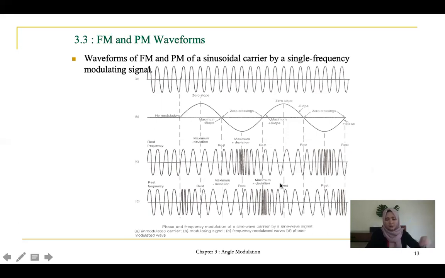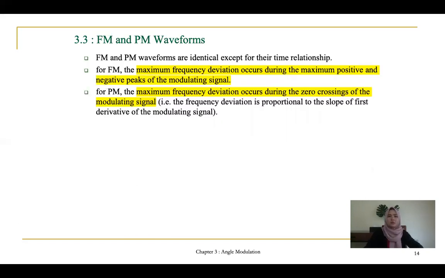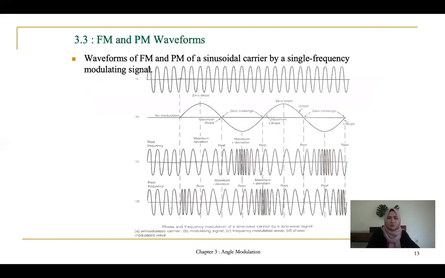So to explain this, from the previous figure, the maximum frequency deviation occurs during the maximum positive and negative peaks of the modulating signal. You can see that it happens at the positive and negative peaks of the modulating signal.